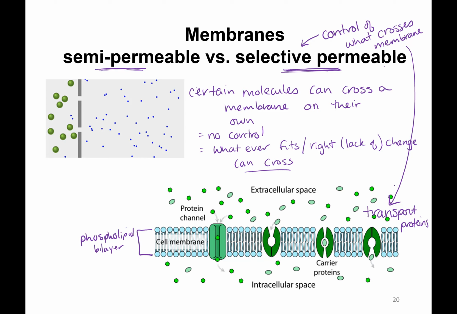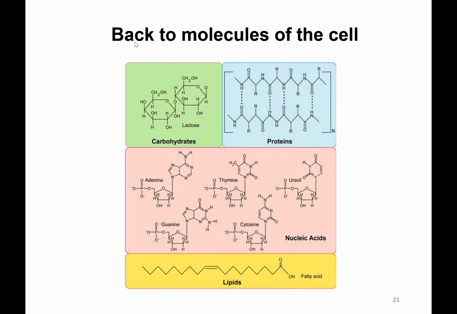I'm going to flip back now to the macromolecules of the cell. This is a combination of chapters 2 and 3. The big molecules of the cell are carbohydrates, proteins, nucleic acids, and lipids. Let's talk about each of these a little bit more.